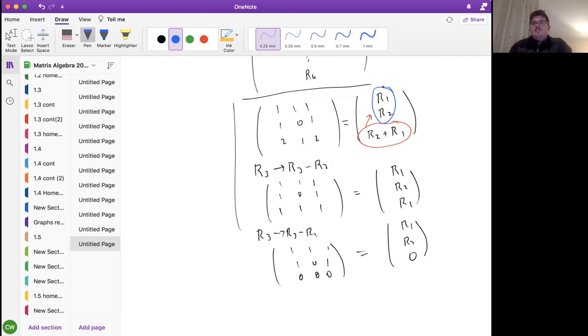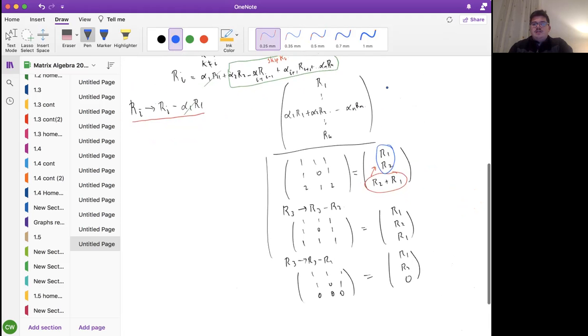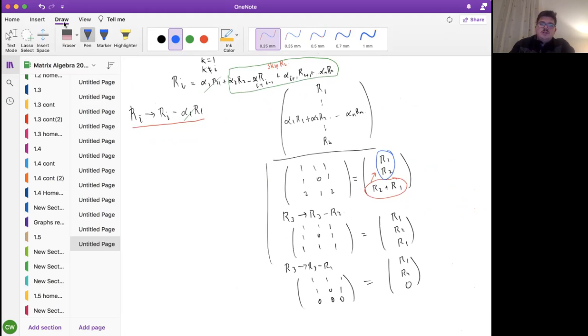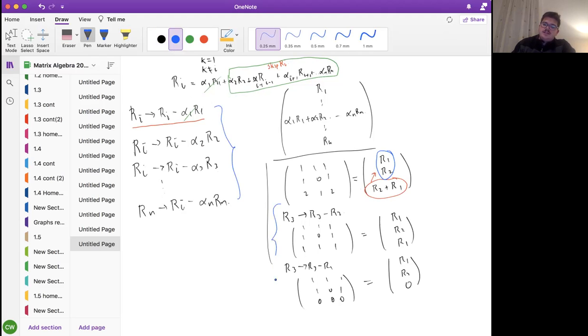So, okay, let's expand it out. There's a lot of other rows. So if you do this one step at a time, first do row I minus alpha 1 row 1, then do row I minus alpha 2 row 2, row I minus alpha 3 row 3. What happens if I do that all the way up to row n? This is exactly the same as this.